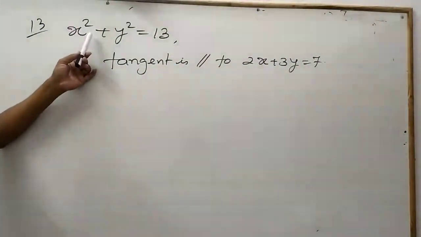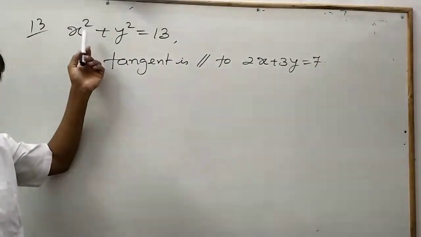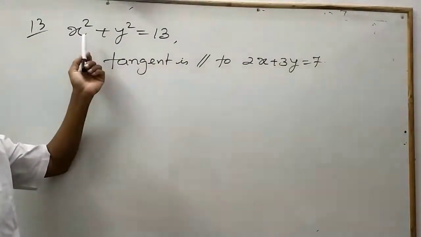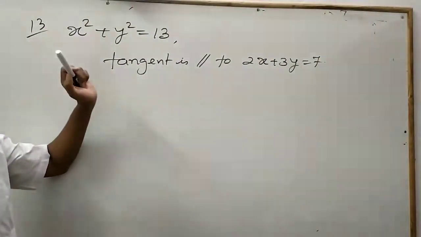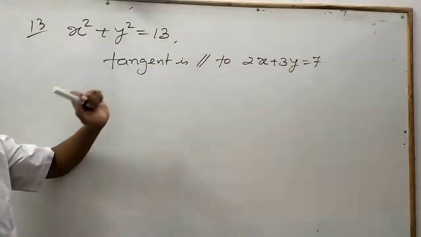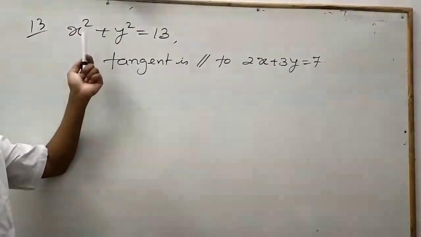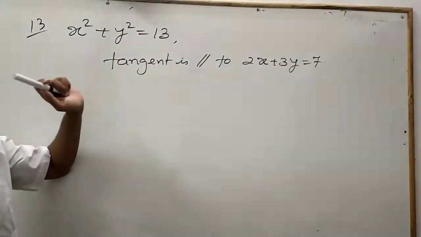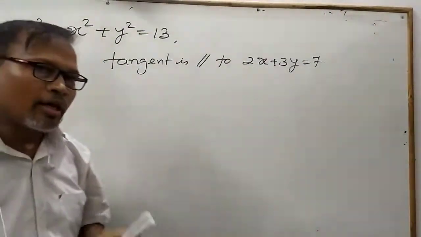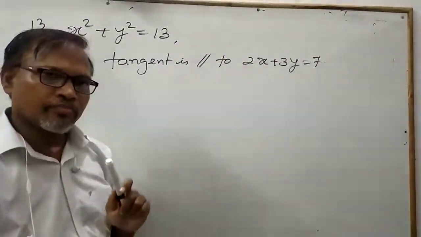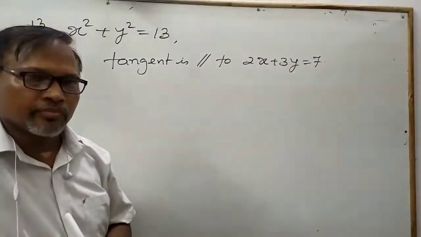This is the curve. You have to find the point on this curve at which the tangent, because this is the equation of the circle, and how many tangents can you draw in a circle?